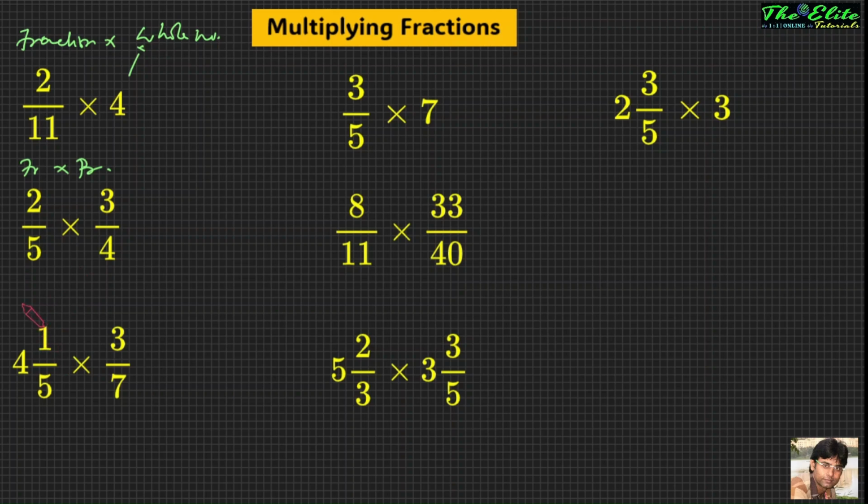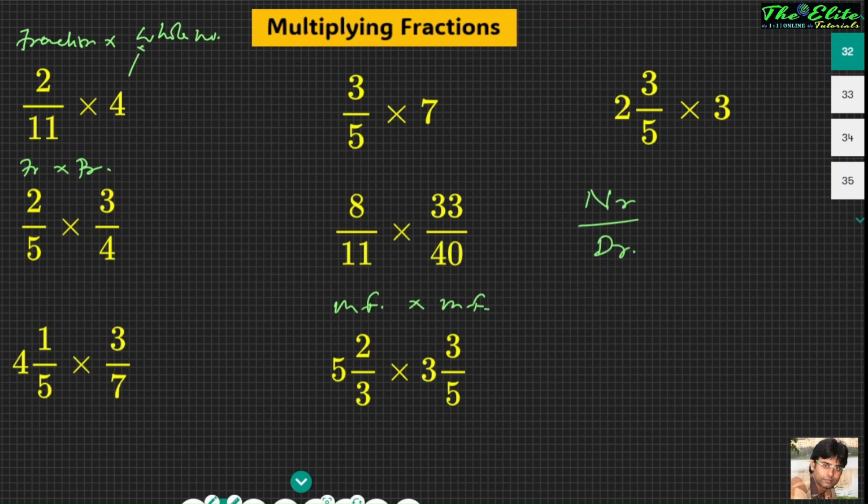Fractions could be of any kind. Mixed fraction multiplied by a fraction that is proper, or mixed fraction multiplied by mixed fraction. No matter what, okay, the process is about knowing how the numerators and denominators of the fraction work. Okay, if you know, then you can find their answers. Okay, so let's delete all this that I have written here, and then we will solve these questions.